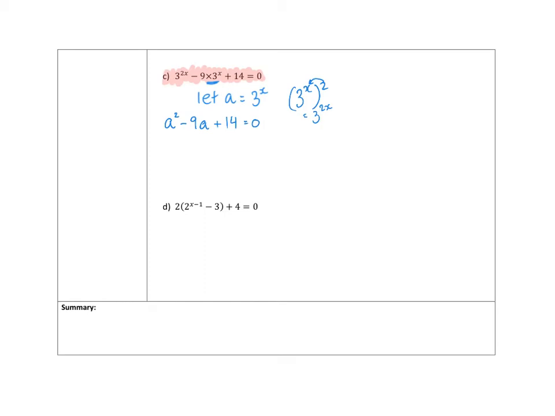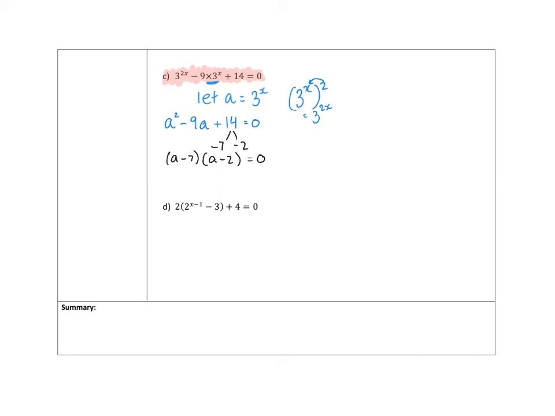We also know that the factors of 14 that add up to -9 are -7 and -2. So let's now rewrite this as a minus 7, a minus 2 equals 0.